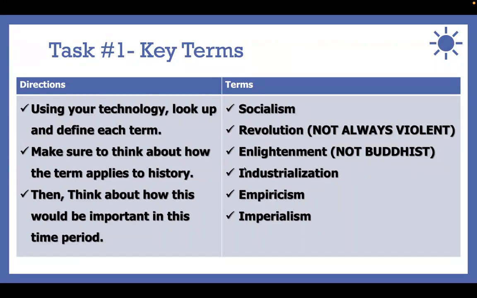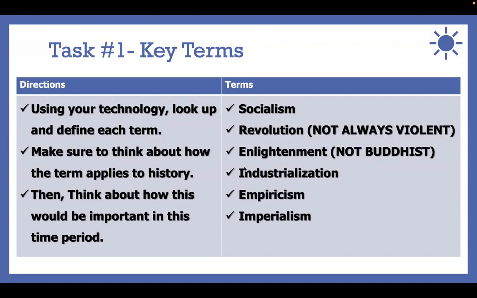So, the key terms that I want you to focus on are revolution. And I want you to pay attention that revolutions are not always violent. The Enlightenment, not the idea of Buddhism, industrialization, also known as the Industrial Revolution, something known as empiricism, and finally, imperialism. So you're going to use your technology and you're going to look up and define each term.